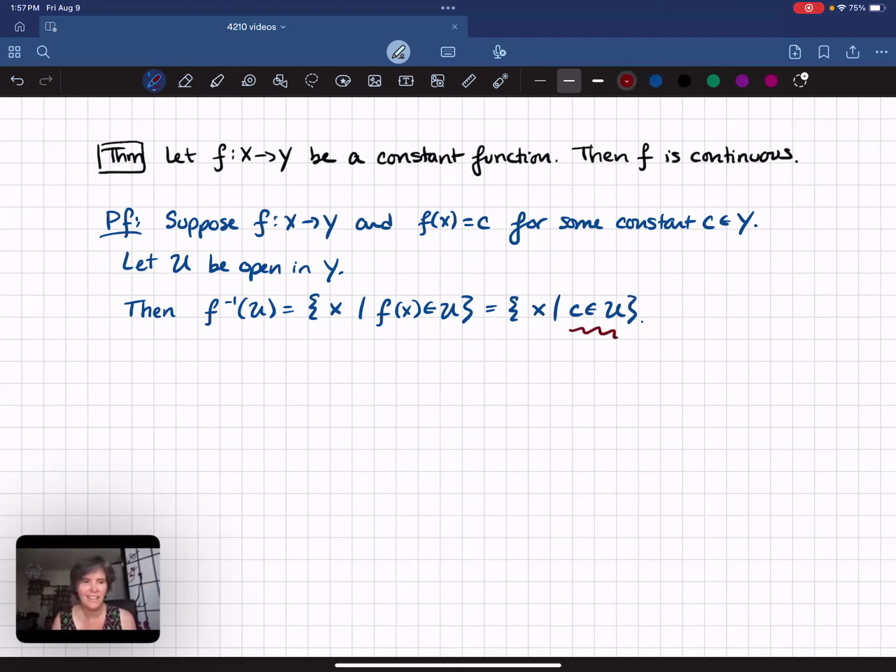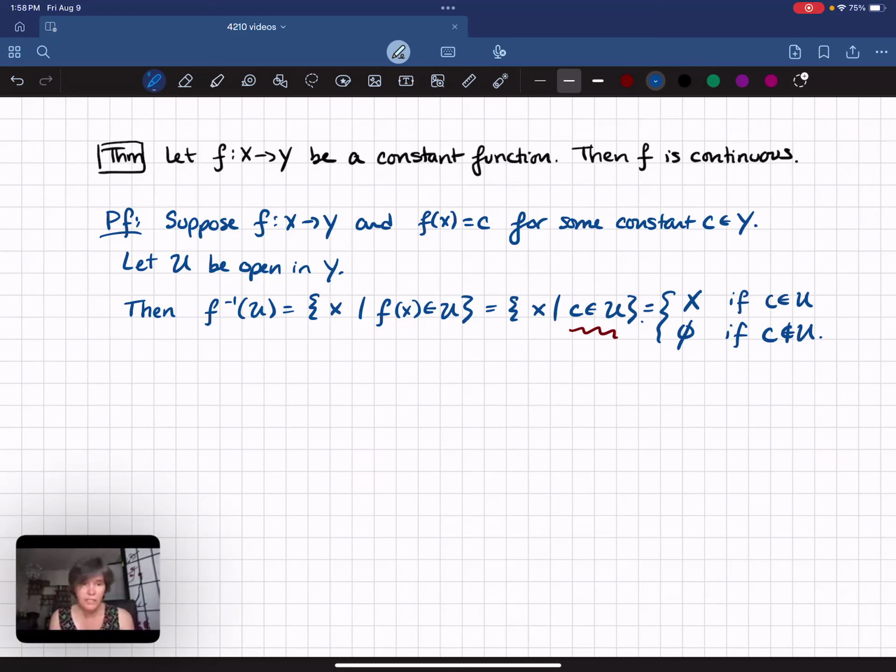This doesn't say anything about x anymore. c is in u is either true or it's false. So if c happens to be in u, then the set of all x that make that true would be all the possible x's. And if c is not in u, then the set of all x that makes that true would be no x's. And so this set here is either all of x if c is in u, or it's the empty set if c is not in u.